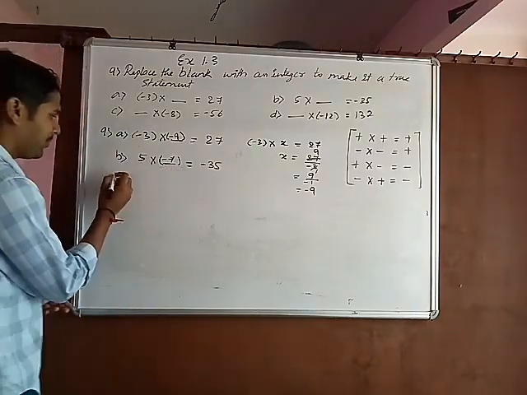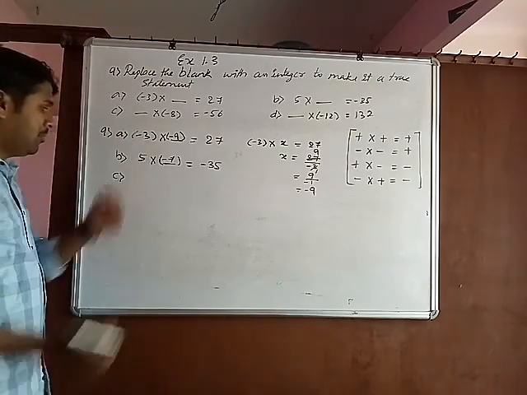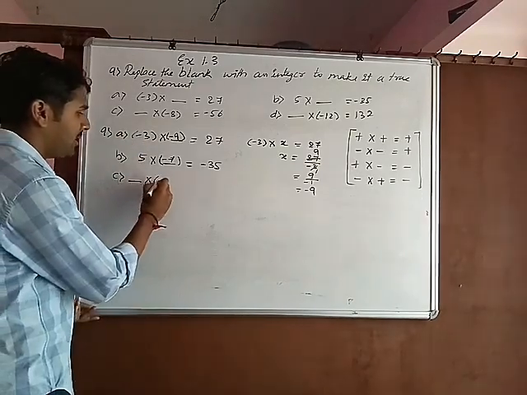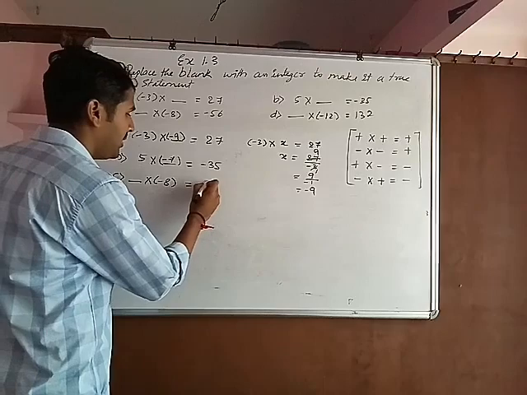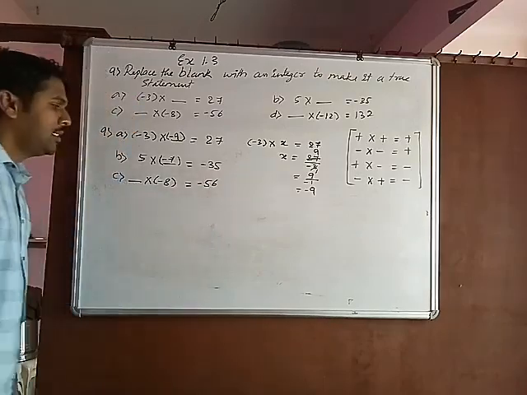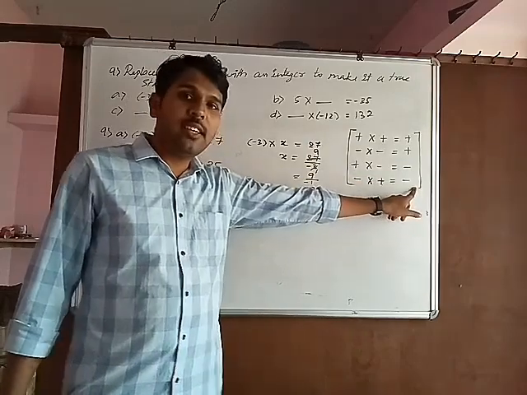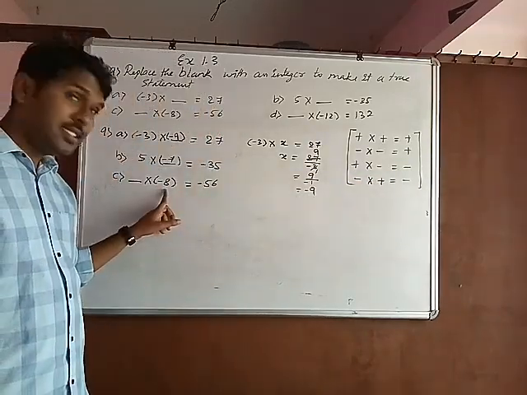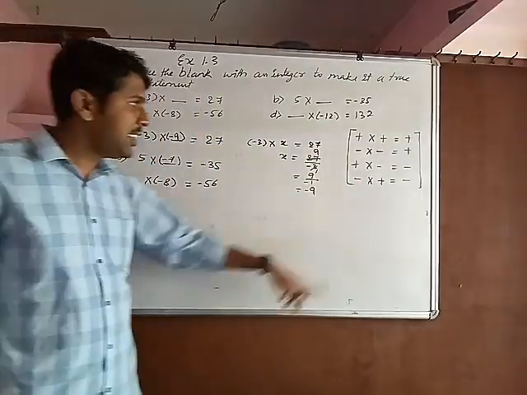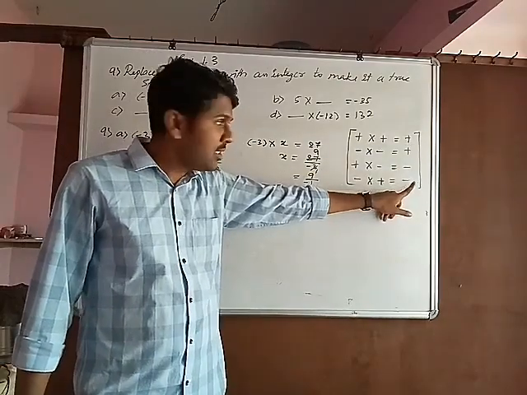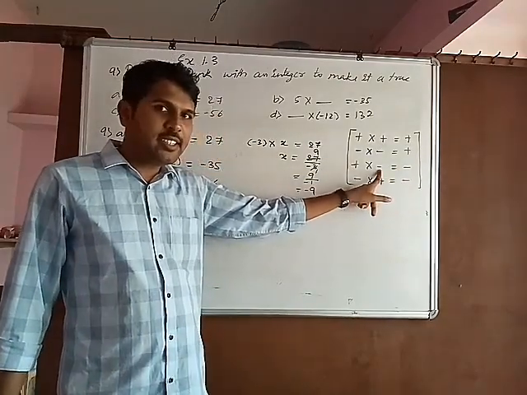So next, blank into minus 8 equals minus 56. So result sign is minus. Two signs are there. In that, second one is minus, no. Minus is there in the second integer sign.